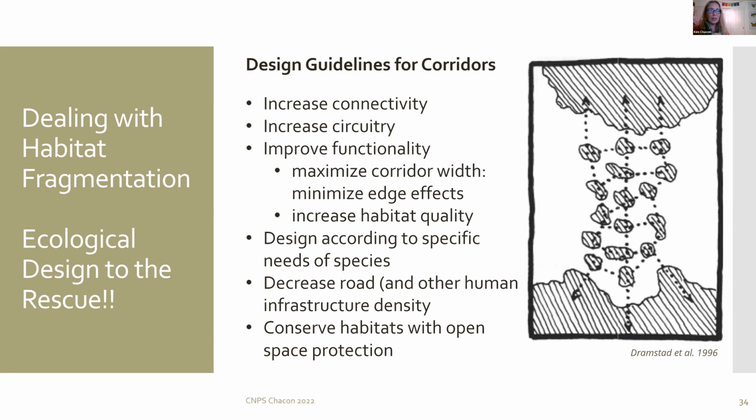That way, if you lose a stepping stone, you still have connectivity because you have circuitry in other ways to get from the northern part to the top of the page. There's some technical stuff in there that doesn't matter for you guys, but we should try to conserve open space and create connectivity between.